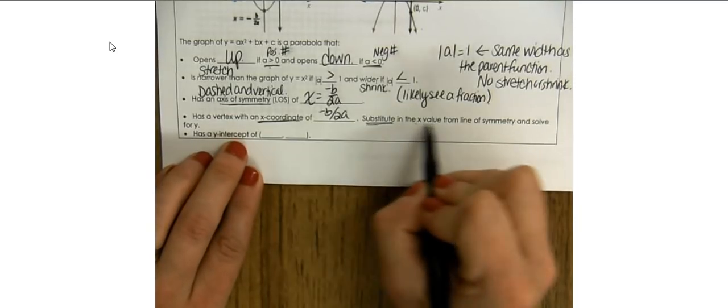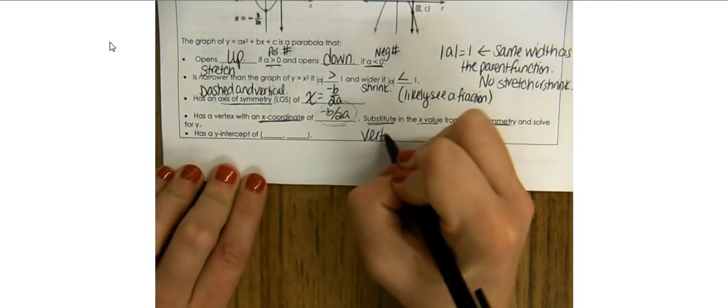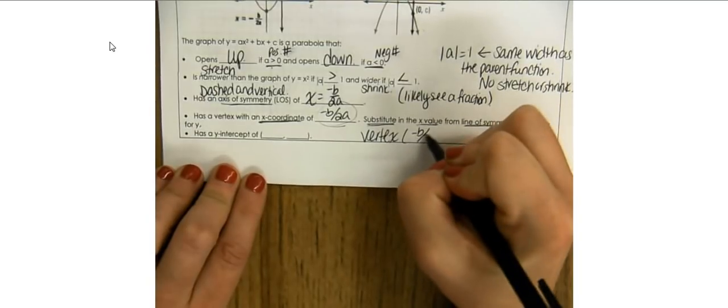Your vertex will have the x coordinate of the opposite of b over 2a because your line of symmetry always crosses through your vertex. And so what you'll do to find your y value is you'll substitute this x value from the line of symmetry and solve for y. So your vertex is going to be the ordered pair, the opposite of b over 2a, comma y.